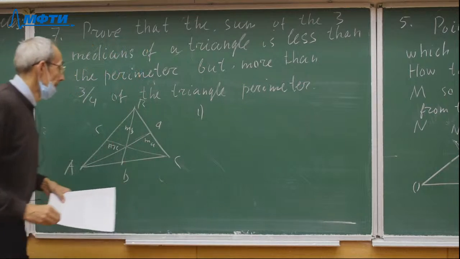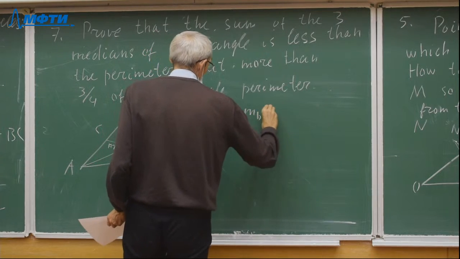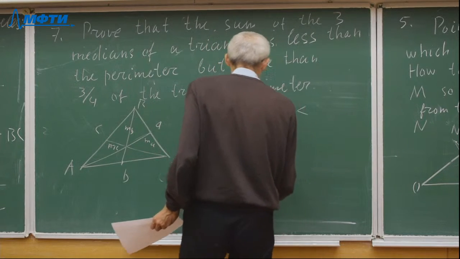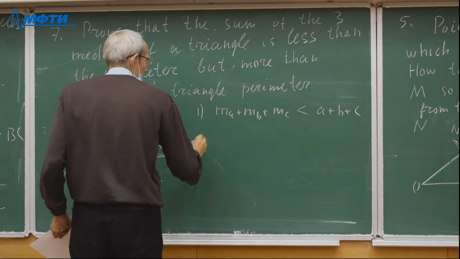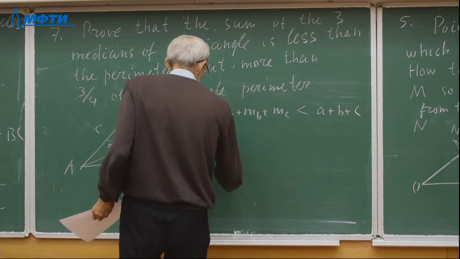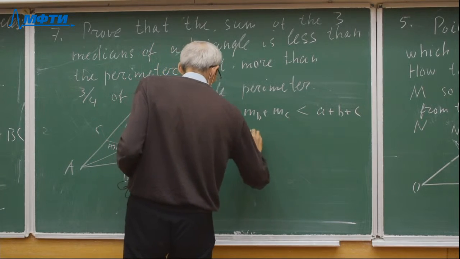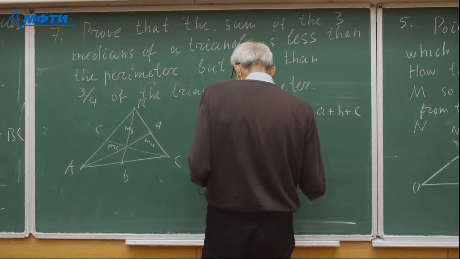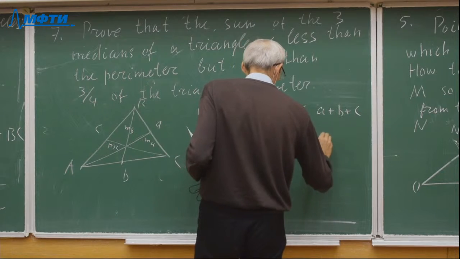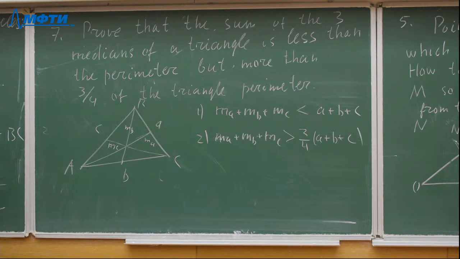First item, the sum MA plus MB plus MC is less than A plus B plus C, and MA plus MB plus MC is greater than three fourths of the perimeter. Let's try to solve this problem.